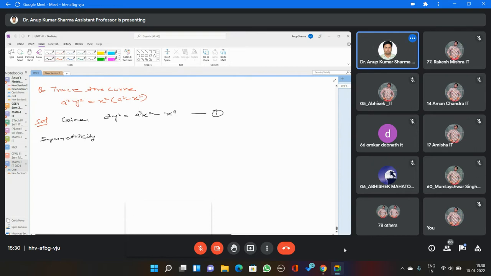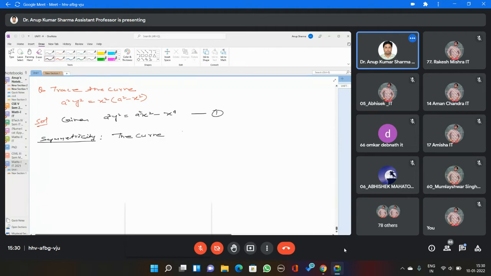Symmetricity. So we see that the curve is symmetrical about the x and y axis because the curve contains even powers of x and y. Okay, in one sentence we can complete it.